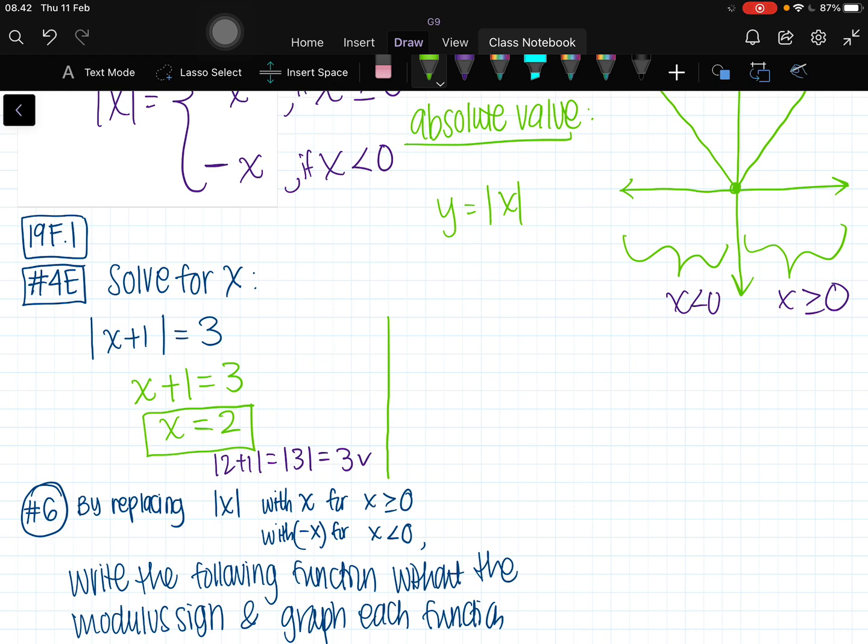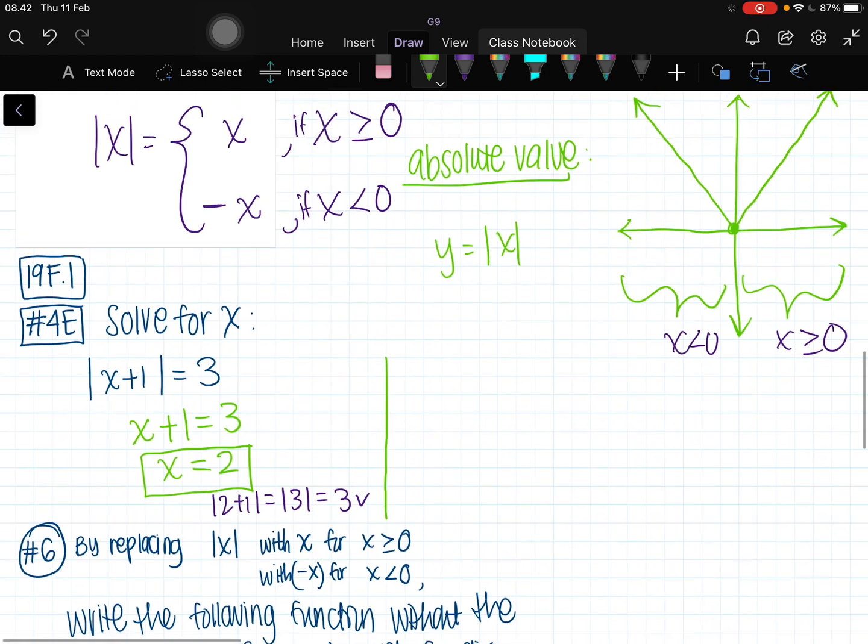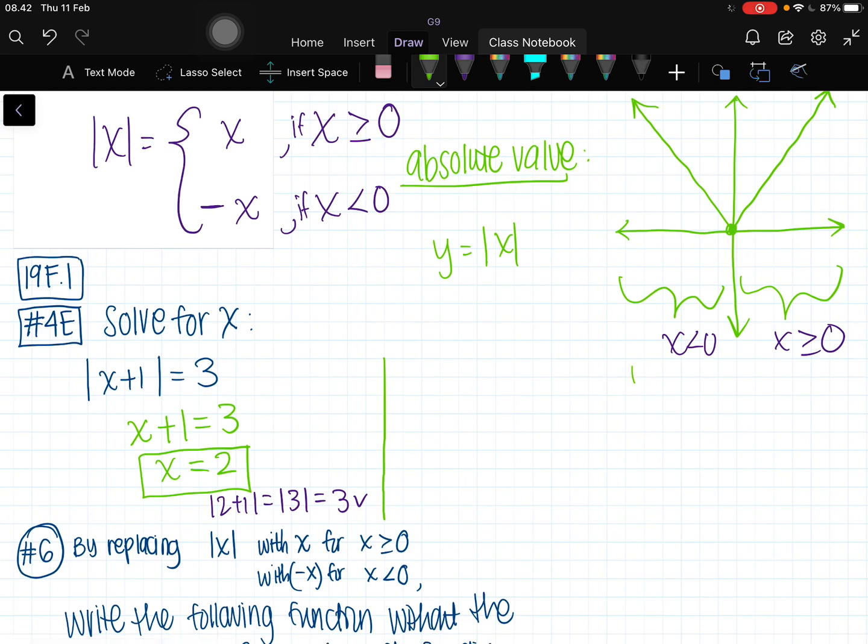Since again, to an absolute value function, there are two sides, right? We have the left one and the right one here. So left and the right, right? So that means there's a negative value of this.